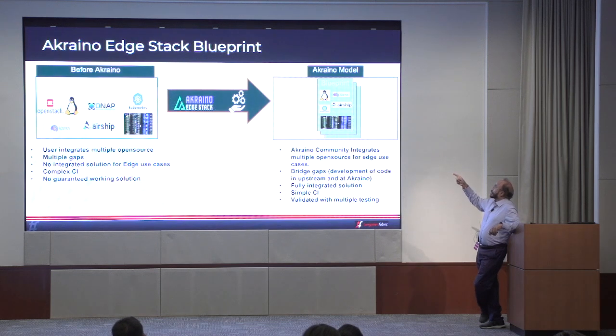What Akraino does is it takes those ingredients and builds multiple recipes, and those recipes are called blueprints. In a given recipe, it will pick that it's going to use Kubernetes, Airship, or whatnot, and it goes all the way from hardware to the top level.